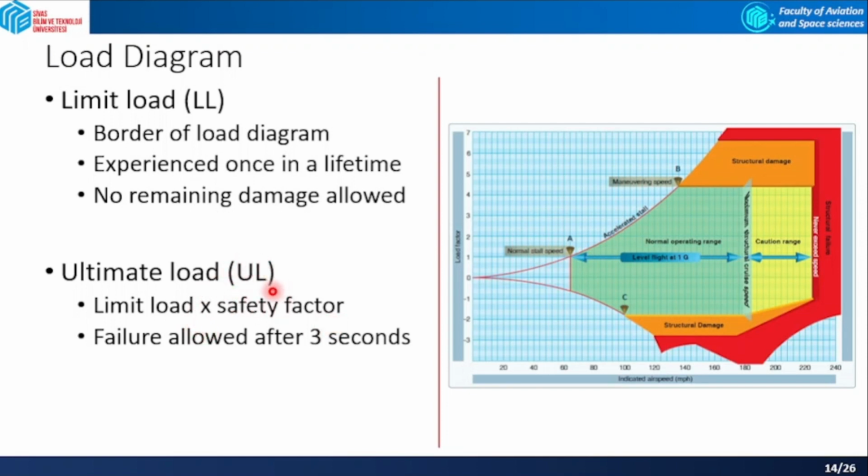And this ultimate load is the maximum load that a structure should be able to withstand for at least 3 seconds before its complete failure. And if the structure doesn't fail under the ultimate load, it may still incur damages or deformations.